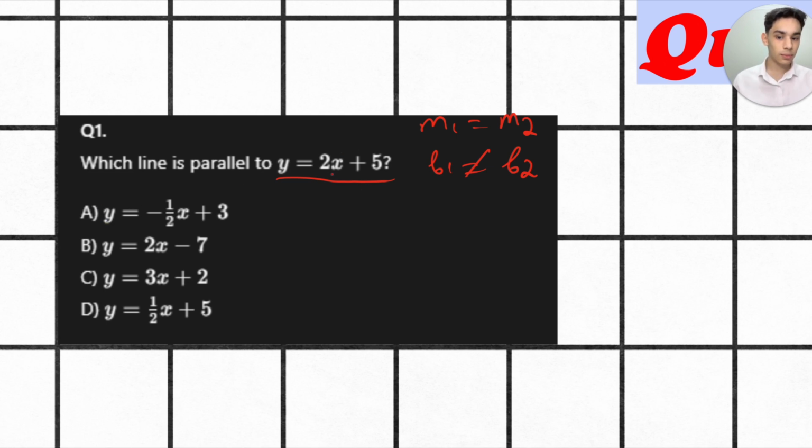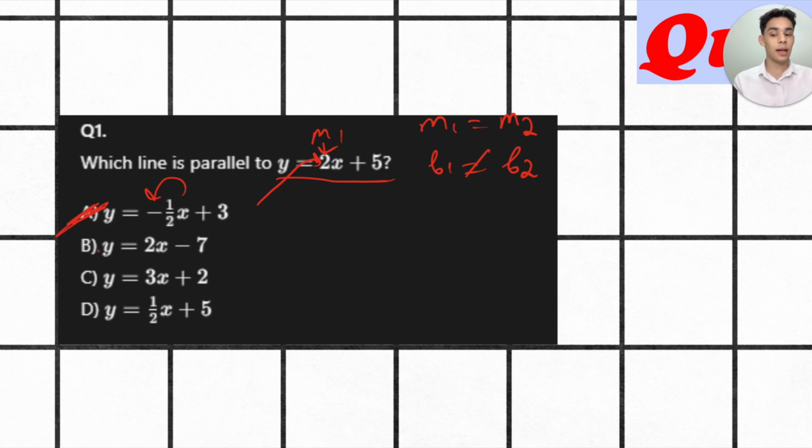In this case, our m1 equals 2. So, our m2 also has to equal 2, right? Answer choice A. As I can see, my slope equals negative 1 over 2. This is not acceptable. We are looking for 2. So, this goes away.